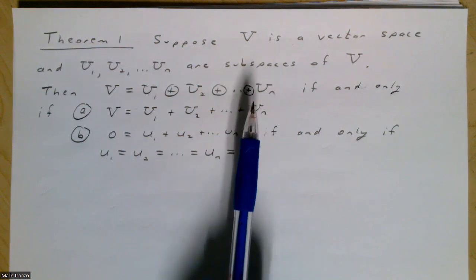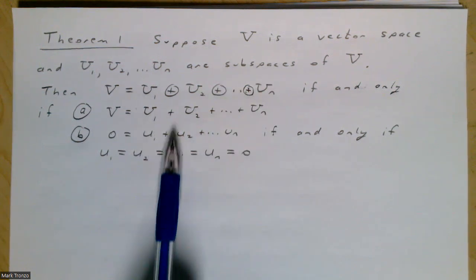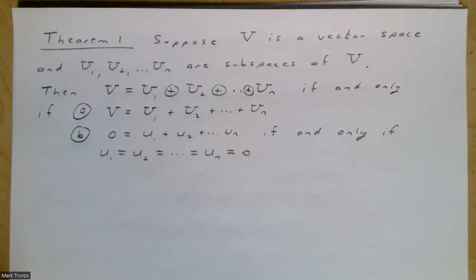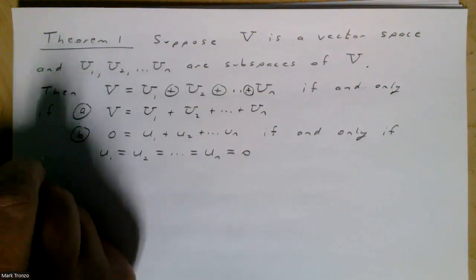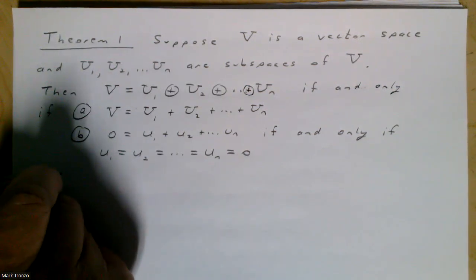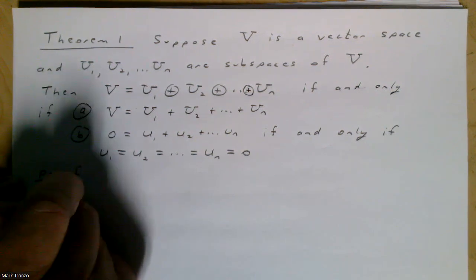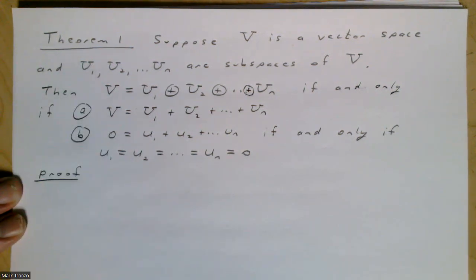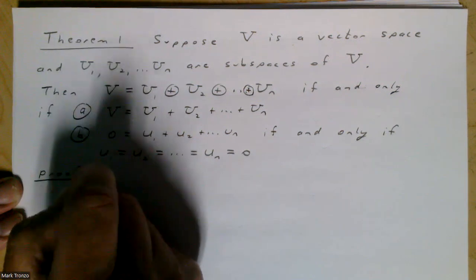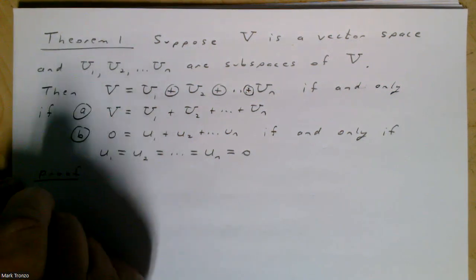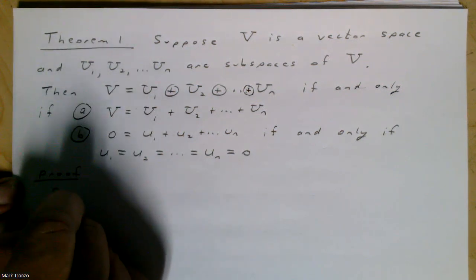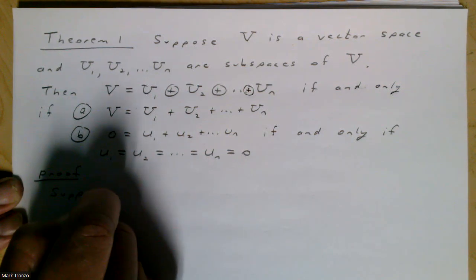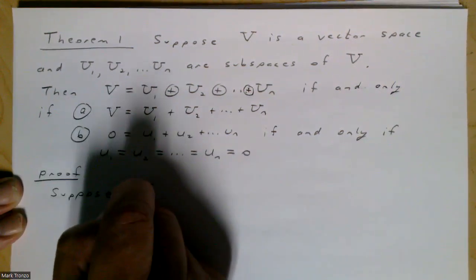That's kind of hard, but if you can show these two things, you're done. And so let's prove that this theorem is true. Again, we'll go the first way. Suppose that we do have the direct sum.